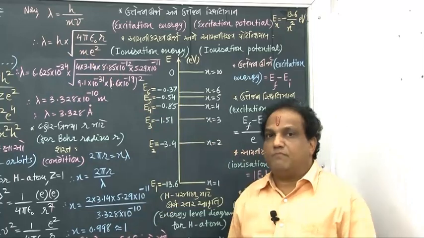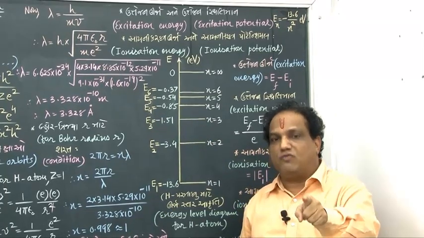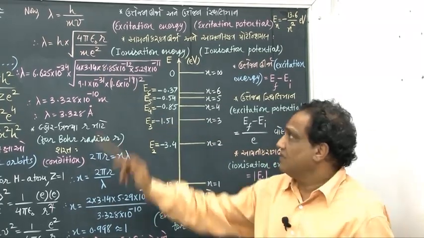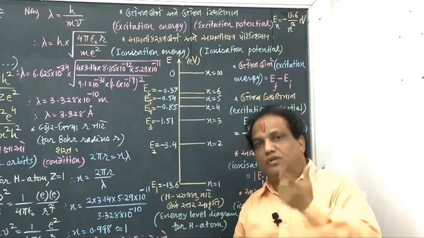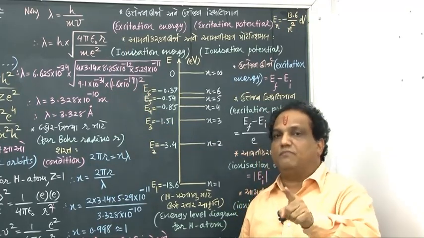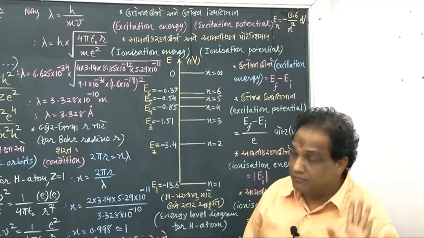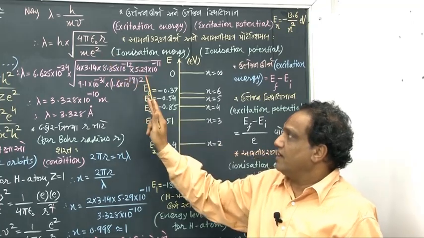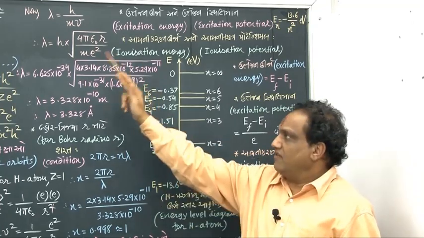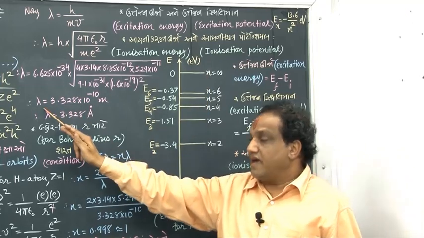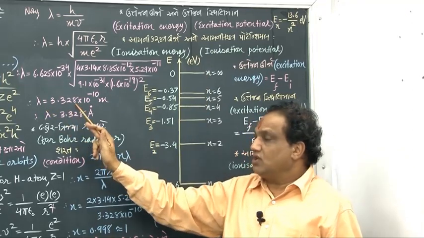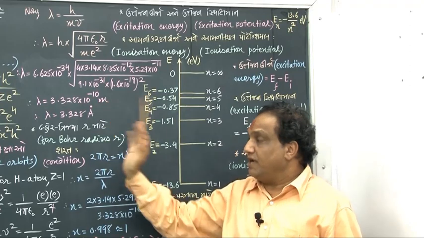Small m is the mass of one electron, 9.1 into 10 raised to minus 31 kilogram. Small e is the magnitude of charge of one electron, 1.6 into 10 raised to minus 19 coulomb. Don't forget to square it. Simplify, and you will get the value of lambda as 3.328 into 10 raised to minus 10 meter.